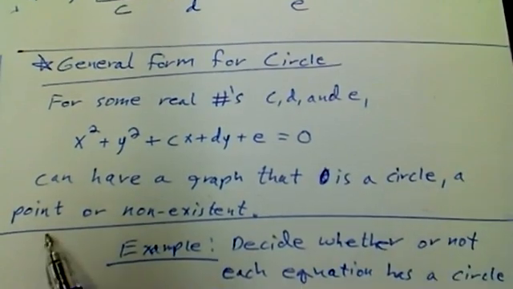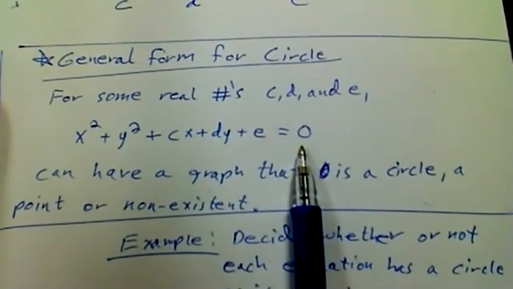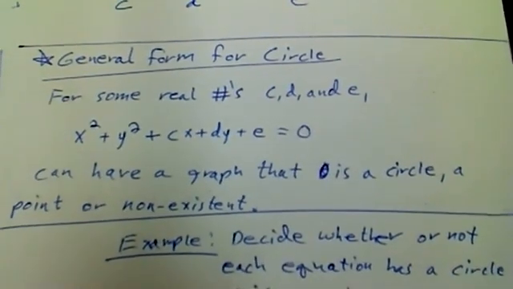You're going to get a point when your radius is 0, and if your radius is negative, of course, that would be non-existent. So the idea here is if we have an equation in this form, we want to put it back in center radius form. And what's going to help us do this is our good old handy completing the square.